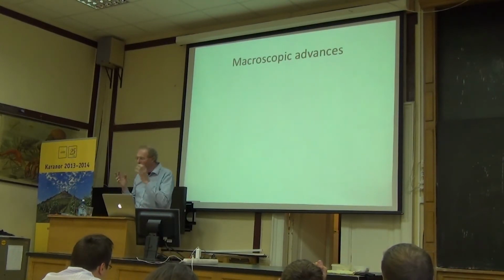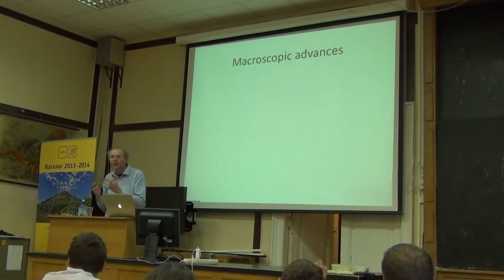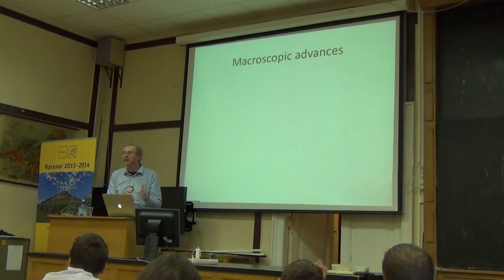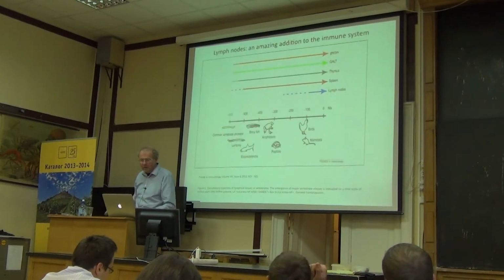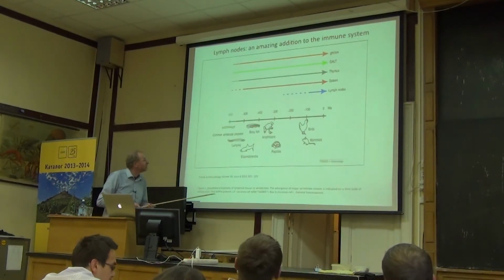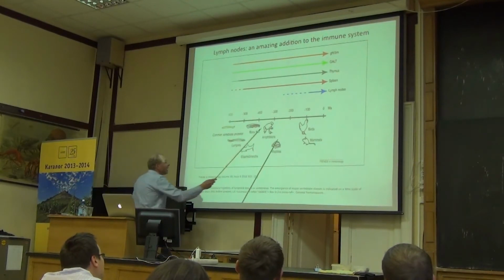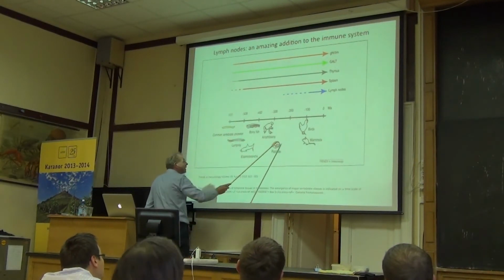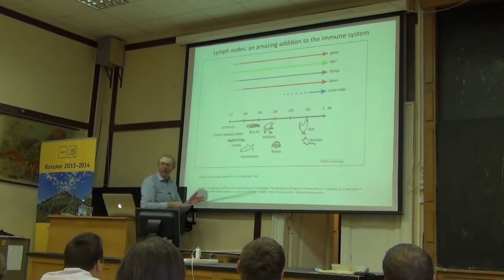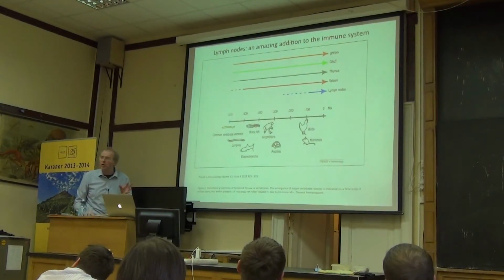So this lymph node system was invented not very early in vertebrate evolution, amazingly enough, but relatively late. It was invented somewhere here. Some reptiles have what one could call primordial lymph nodes.